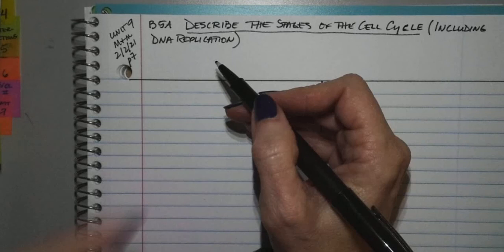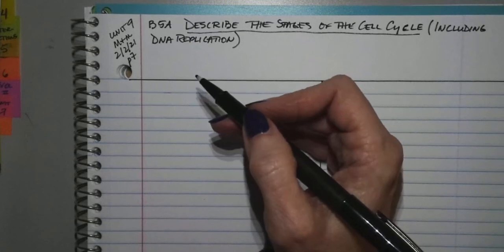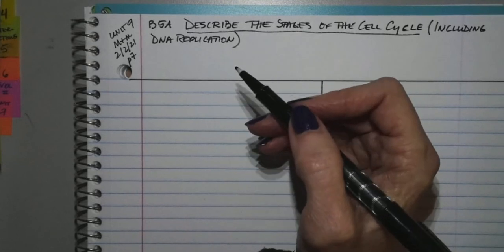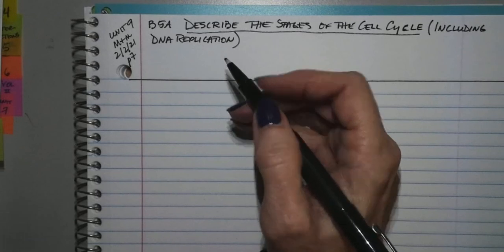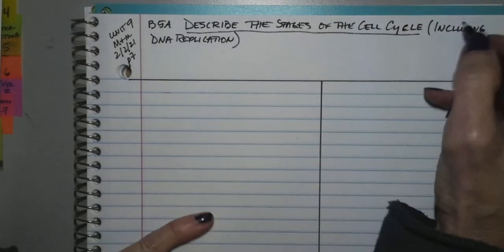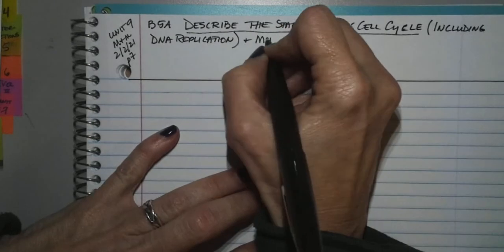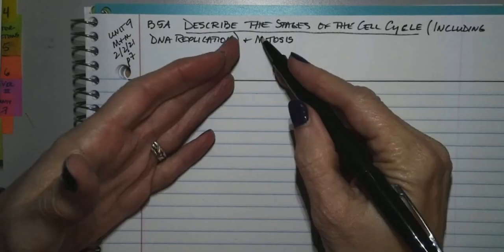When we talk about DNA replication, we really have to talk about the structure of DNA and how it's built and all sorts of really intricate stuff, and we're not going to hit that right now. We're going to wait until the next unit, I believe. So including DNA replication and mitosis. I don't know why they wrote and mitosis because that's a given. When you describe the stages of the cell cycle, mitosis is a part of that.